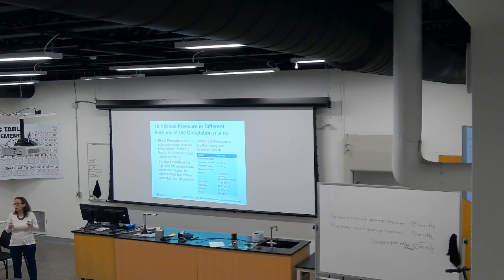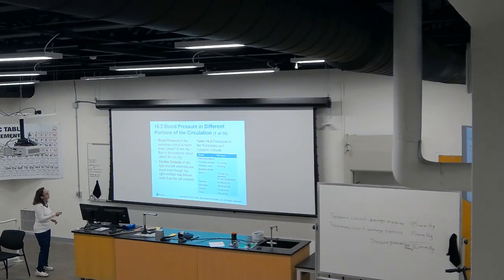If the person tries to push an object that is the same weight as the person, so let's say someone weighs 95 pounds and is trying to push an object that is 95 pounds, I don't think the person will be able to move it without so much effort. So in this case, there is no gradient. But in here, we move the blood between the systemic circuit and the pulmonary circuit because of these differences.